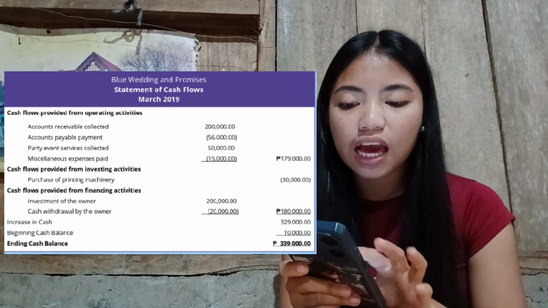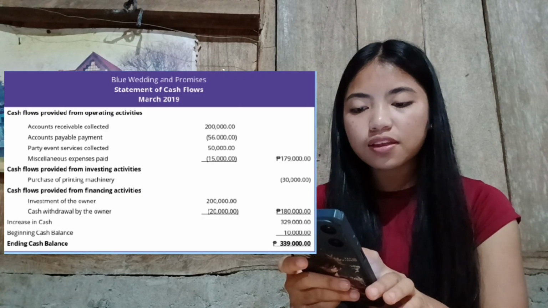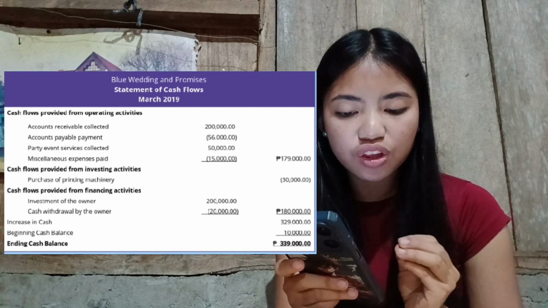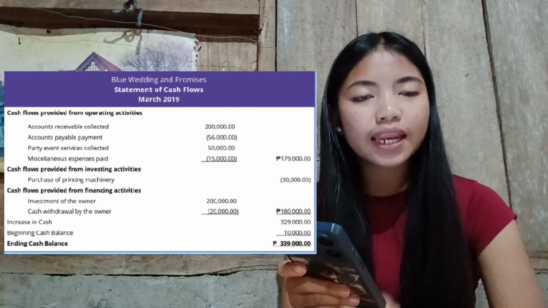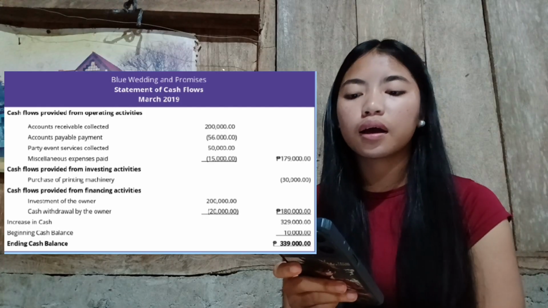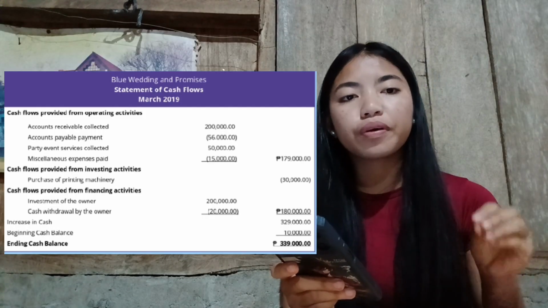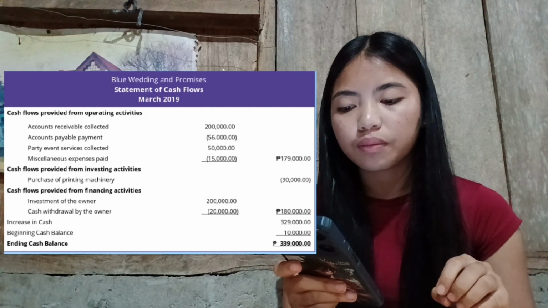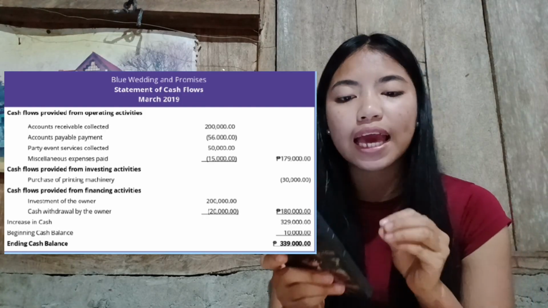That is the ending cash balance in the Blue Wedding and Promises statement of cash flows. The beginning cash balance is the balance from the previous statement of cash flows, the previous balance that you add to this.